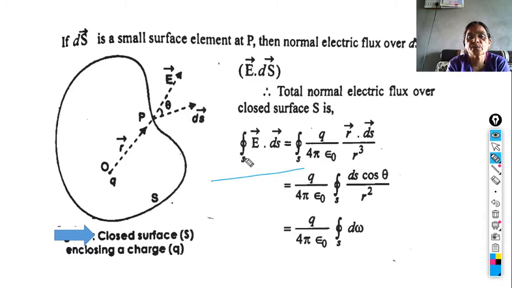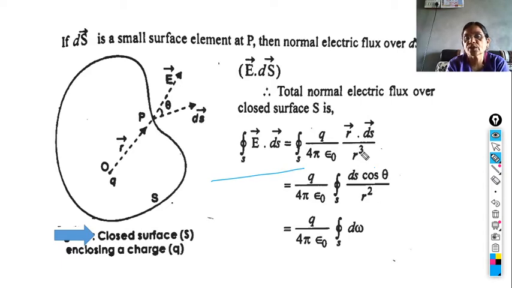That is, closed surface integral E bar dot ds bar equal to surface integral Q upon 4 pi epsilon 0 into R bar dot ds bar upon R cube. It is the total normal electric flux over this closed surface S. It is simplified in this way: Q upon 4 pi epsilon 0 surface integral ds cos theta upon R square.